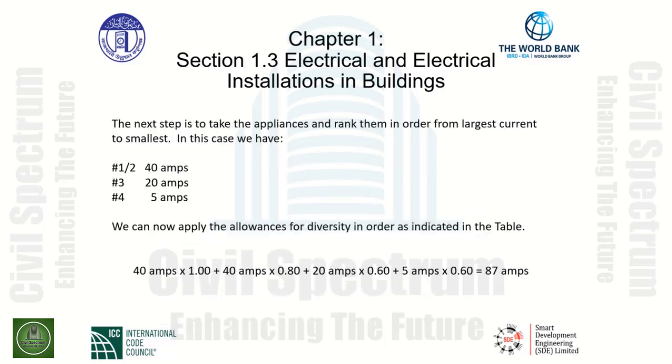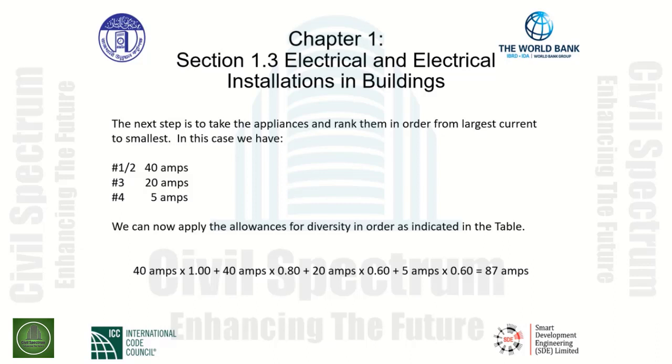Our next step is to take the appliances and rank them in the order from largest current to smallest. In this case, we have 2 appliances at 40 amperes each. We have the other appliance at 20 amperes and our last appliance indicated at 5 amperes. We can now apply the allowances for diversity in order as indicated in the table.